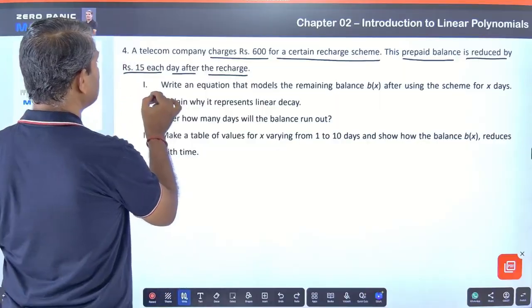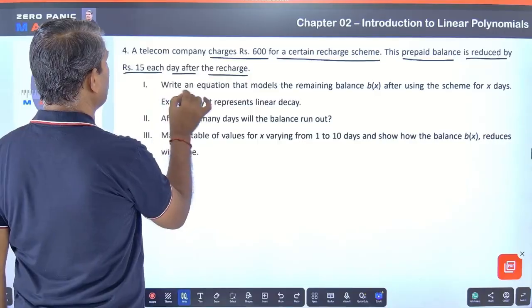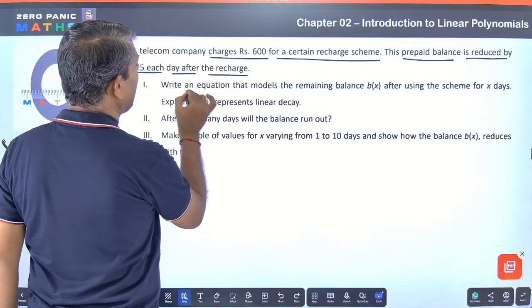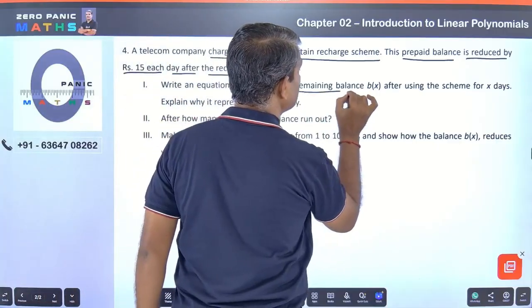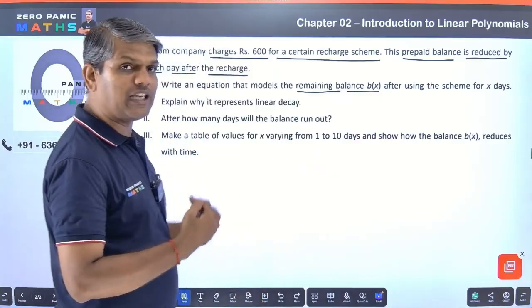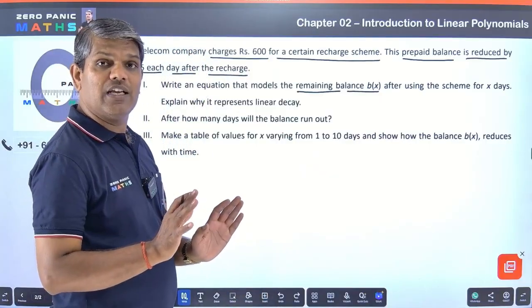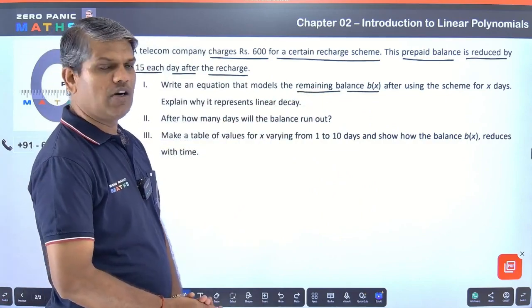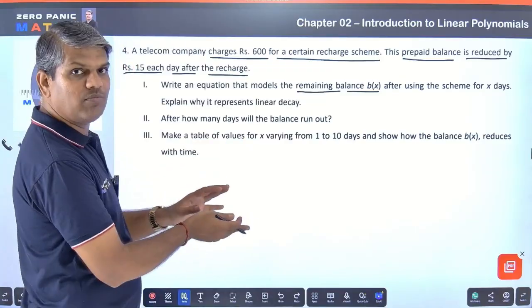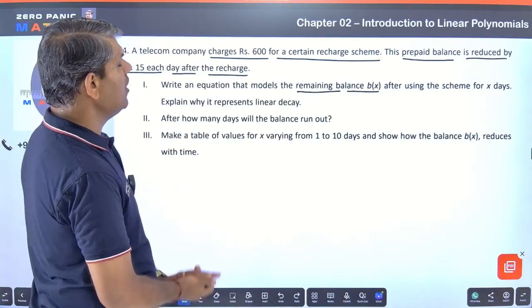Okay, now let us see what the problem is. The first problem here is to write an equation that models the remaining balance b of x. We have to write an expression b of x, which represents the remaining balance. It looks like the third problem they have given as the first problem here.